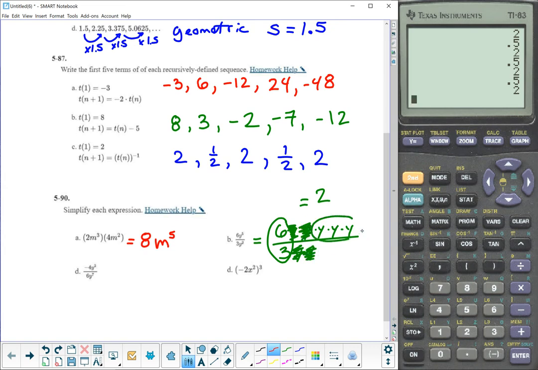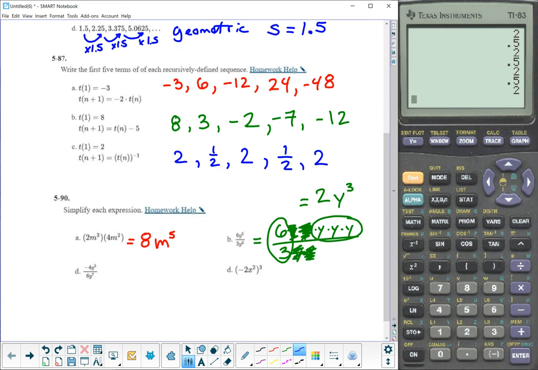And then we're left with 3 y's on top of a fraction. So this 2 is actually on top of a fraction because it's 2 over 1. Right? So we have 3 y's left over. So I'm going to go ahead and write y to the third. And that's on top of the fraction, which means that it's just 2y to the third.